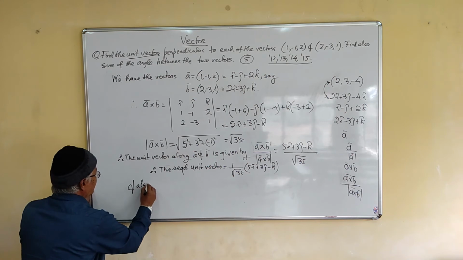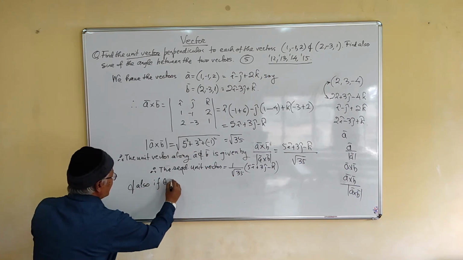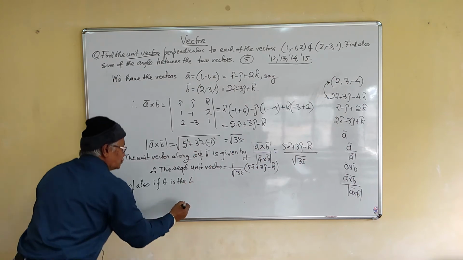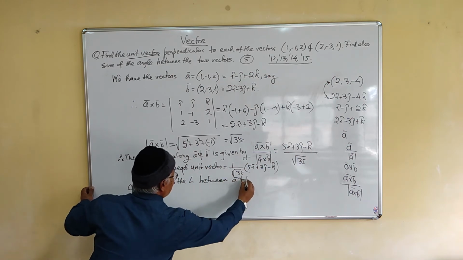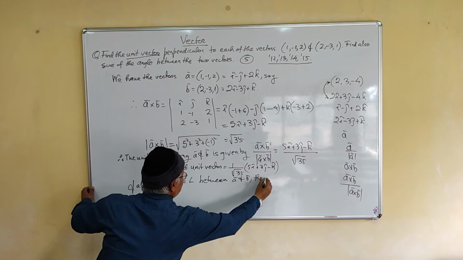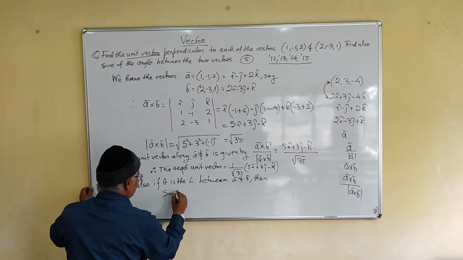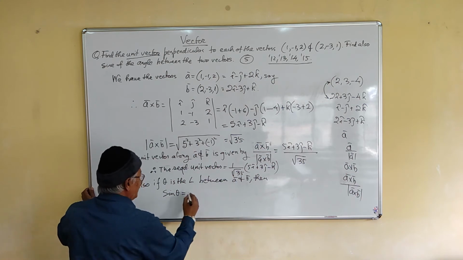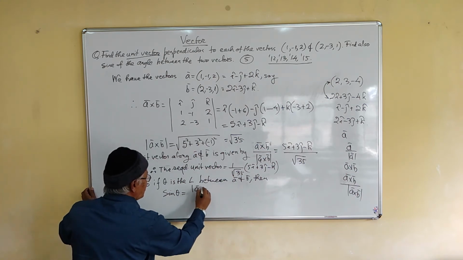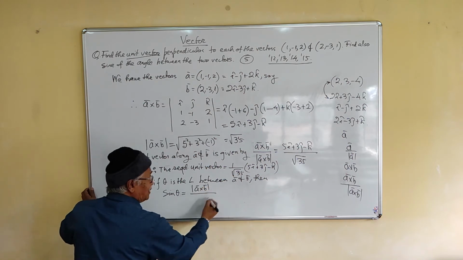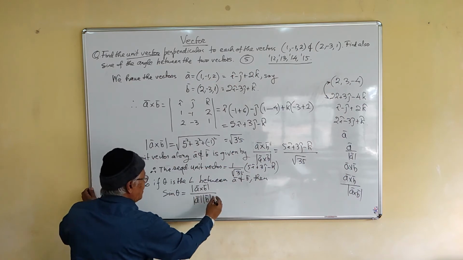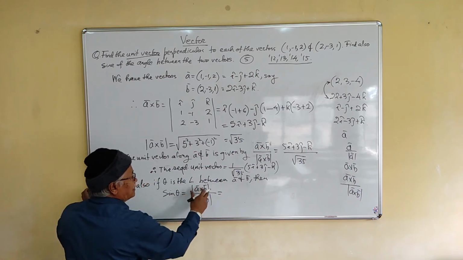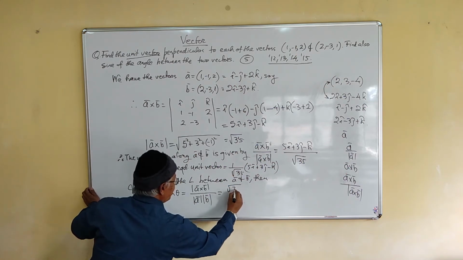If theta is the angle between A and B, then sine theta will be equal to the mode of A cross B upon mode of A times mode of B. Do you know the value of the mode of A cross B? It is already root 35.